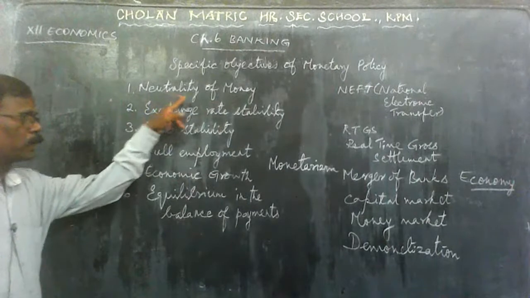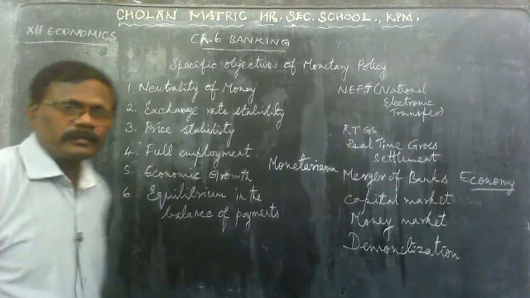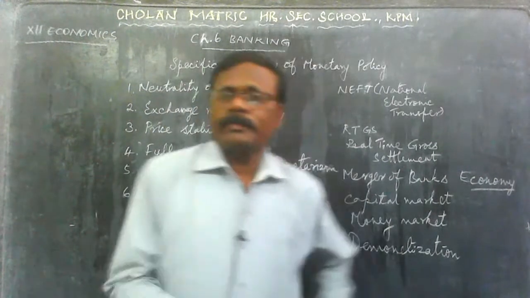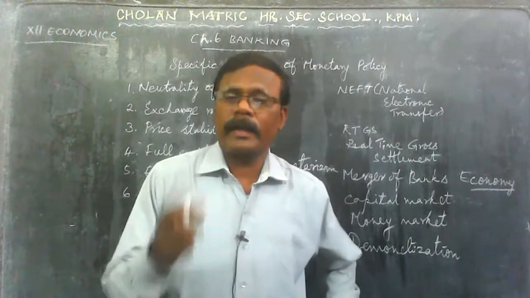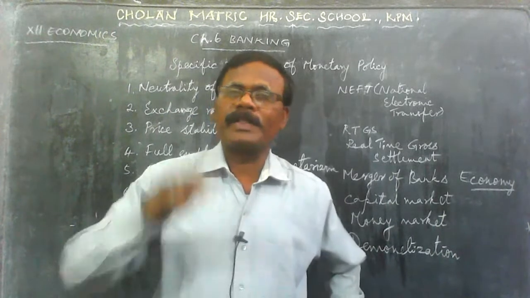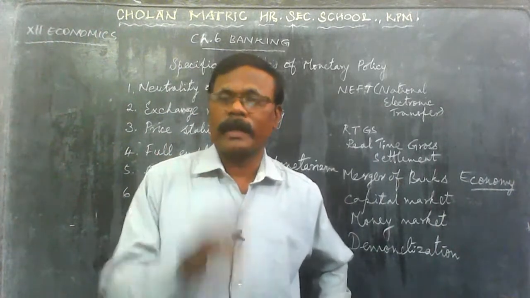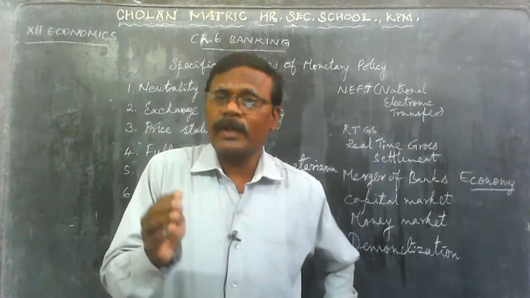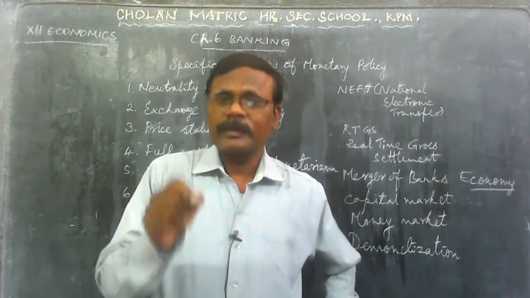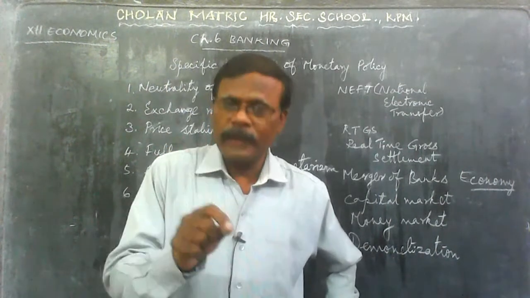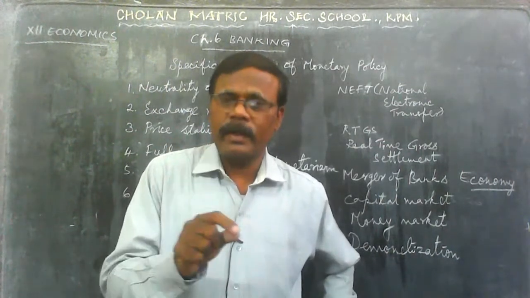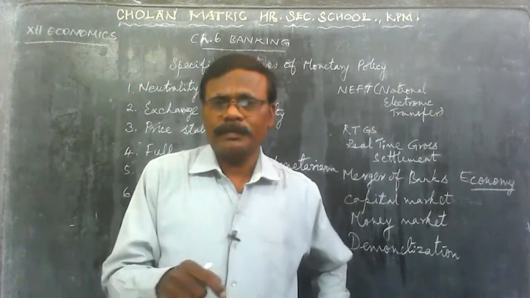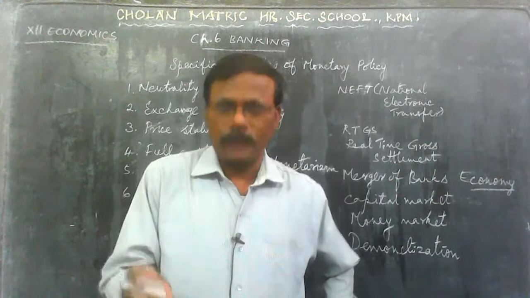The first is neutrality of money. As I already told you in the beginning, the economists Wicksteed, Hayek, and Robertson are the chief exponents of neutral money. Exponent: a person who believes in a theory or an idea and supports the system, whether it is good or useful.